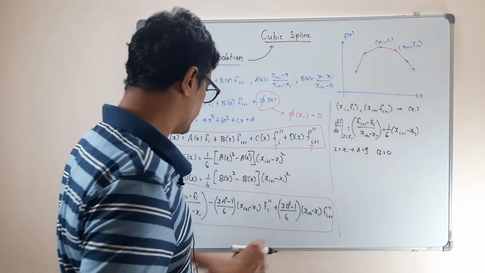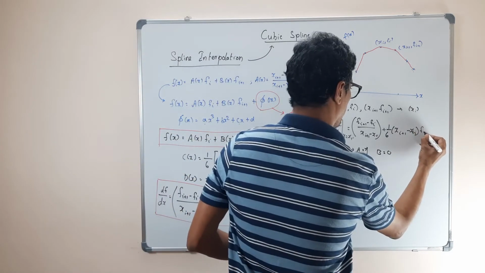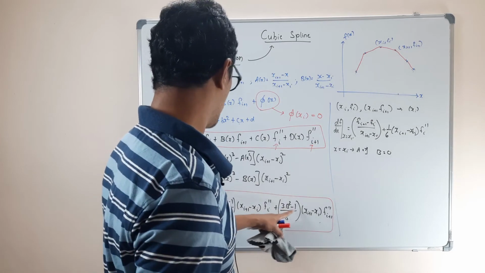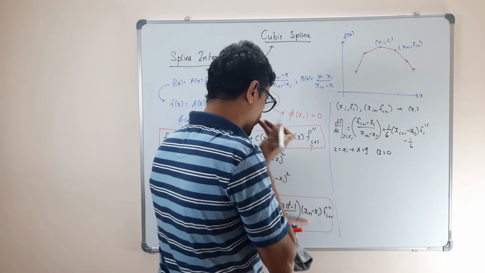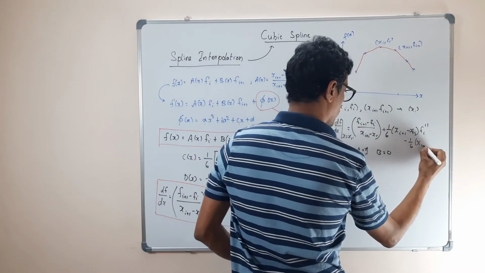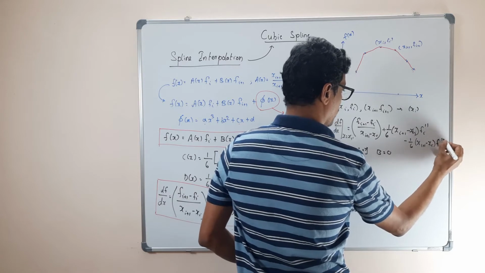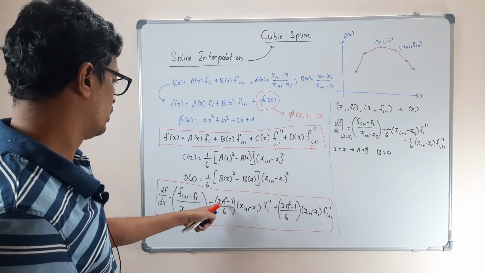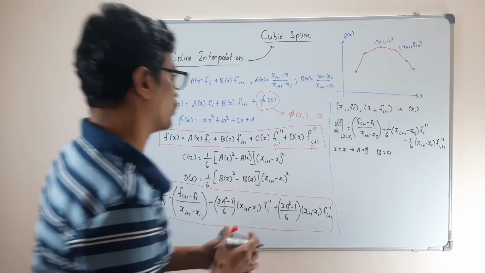Here b is 0, so the f of i double prime term is multiplied by 2 in this case, and we have minus 1 by 6 times x of i plus 1 minus x of i into f of i plus 1 double prime. So a is equal to 1, and when a is equal to 1, this becomes 2.